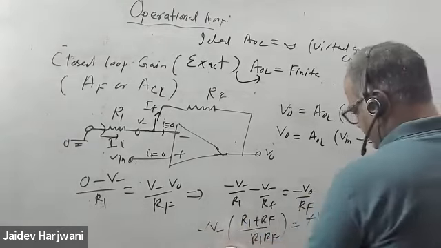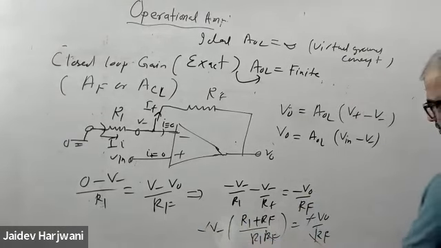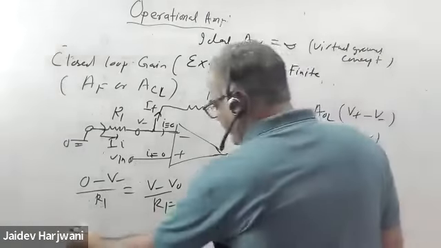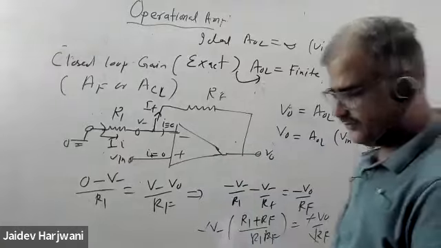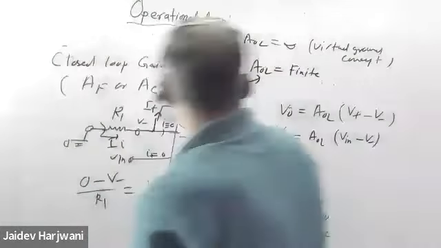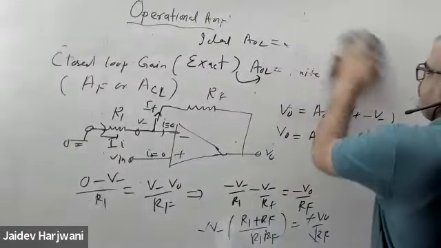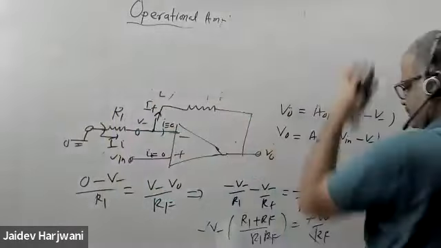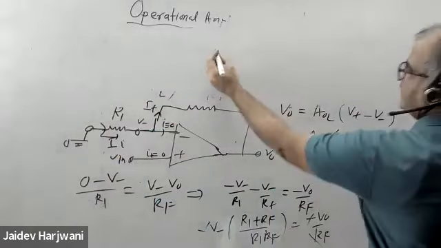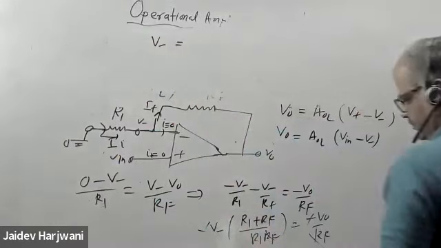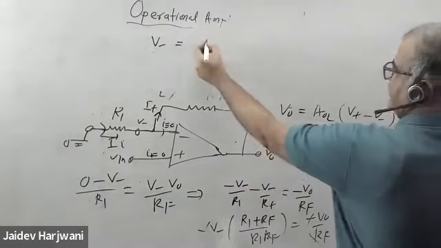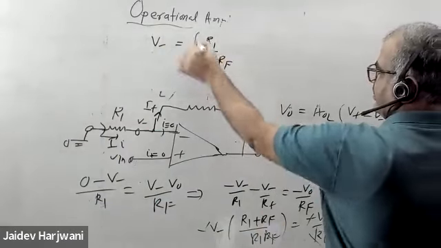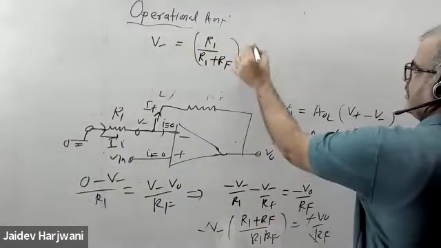Minus minus cancel, RF cancel. Now you have this V minus value. So your V minus is basically R1 upon R1 plus RF into V naught.